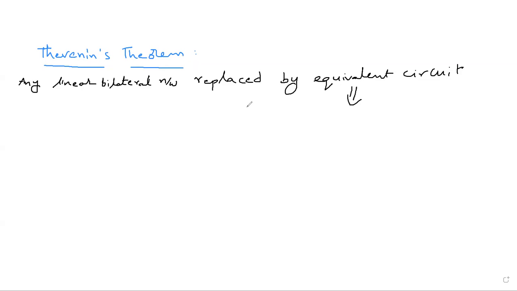The entire network will now be replaced with a simple equivalent circuit. What does it mean by simple equivalent circuit? That means it has very few components compared to your linear bilateral network. Let us assume a linear bilateral network consisting of around 10 branches.